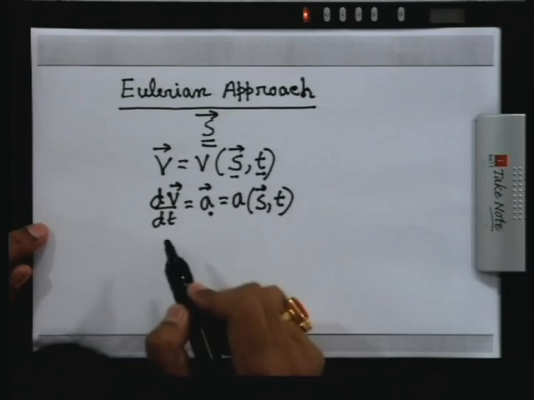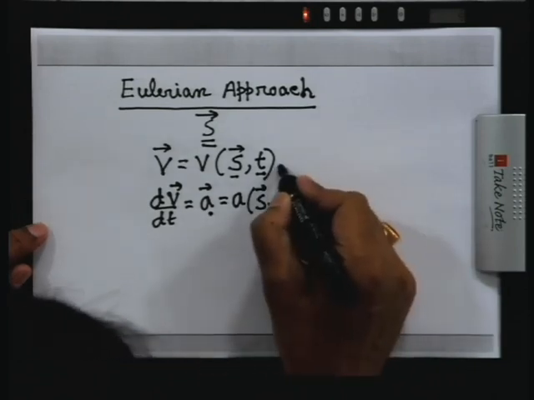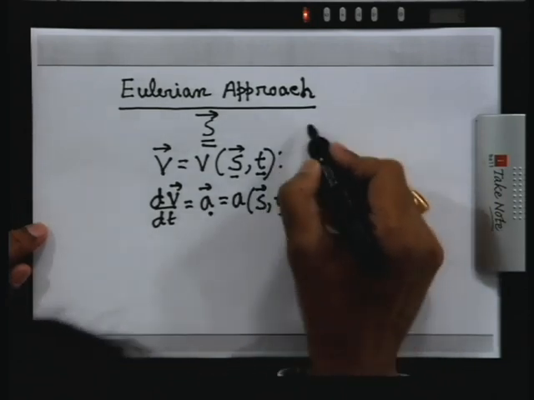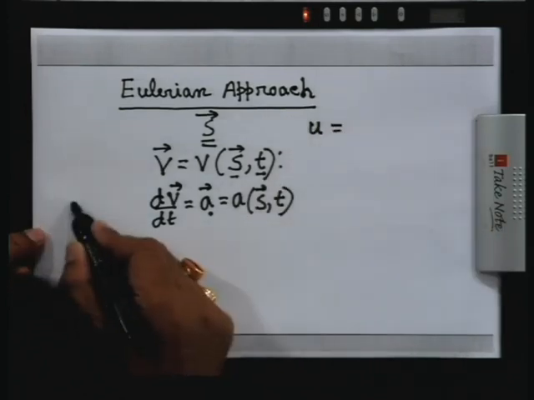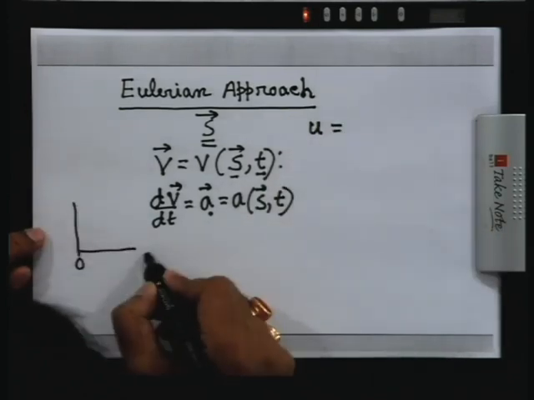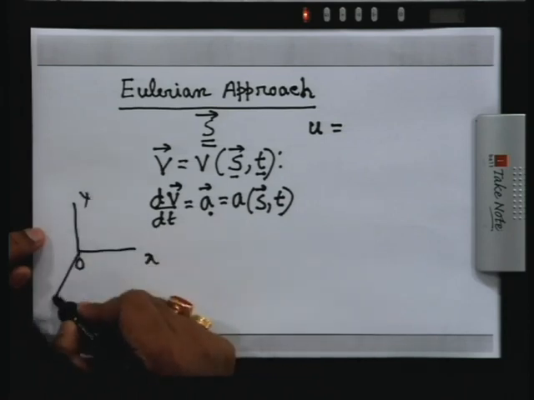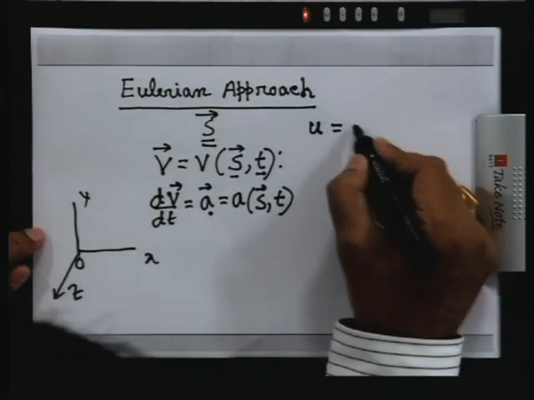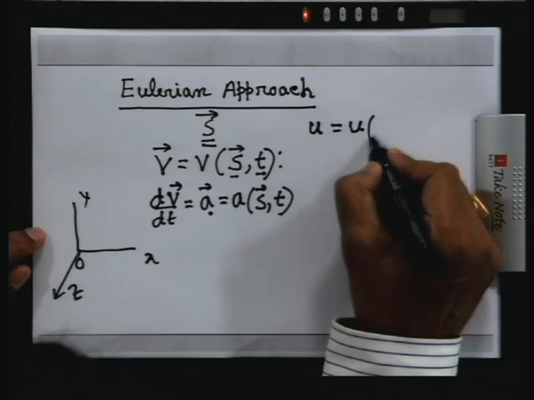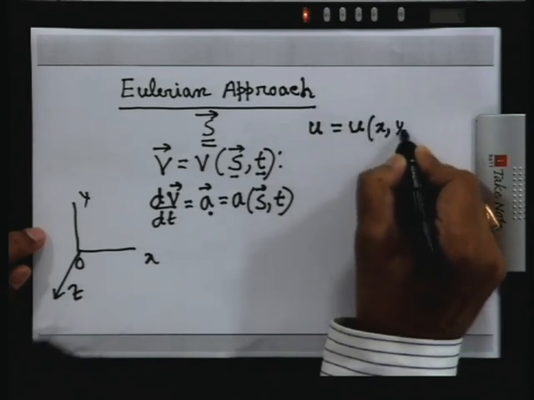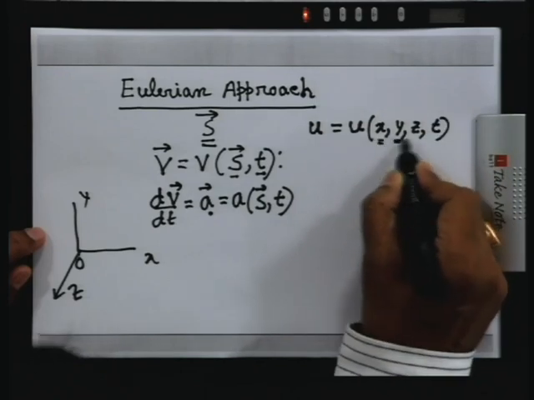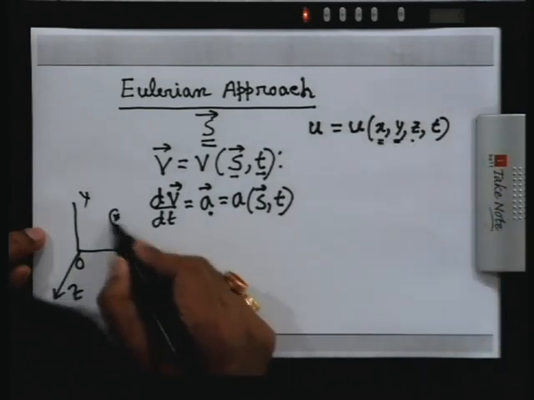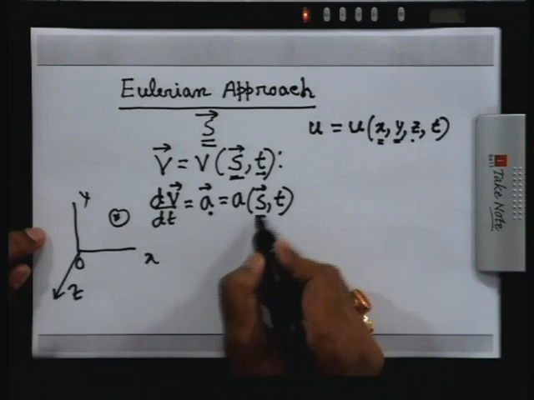This can be decomposed in terms of scalar components, that means the velocity in x, y, z components. If you see that this is x, y, z in a very familiar Cartesian coordinate system, then u, that means the x component of velocity, is a function of x, y, z, t, where x, y, z are its coordinates at that particular point, which is represented by this position vector x.